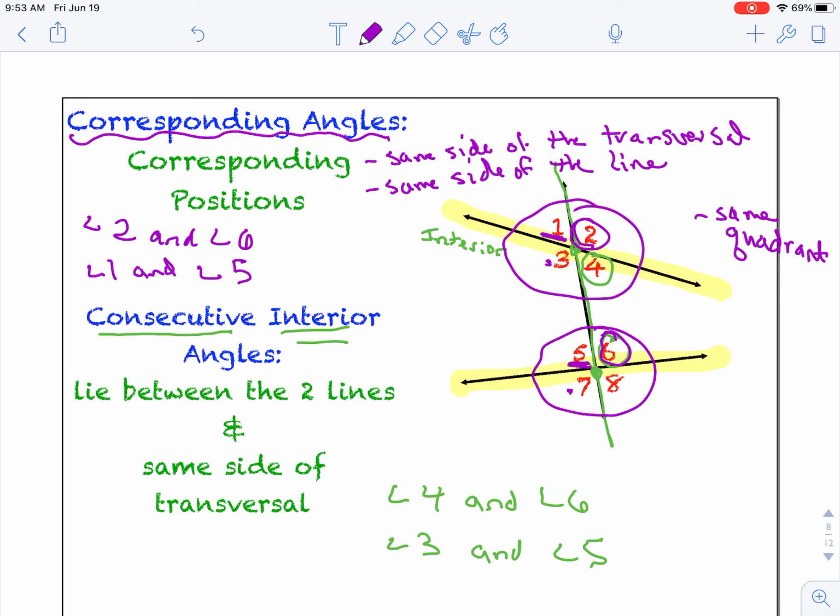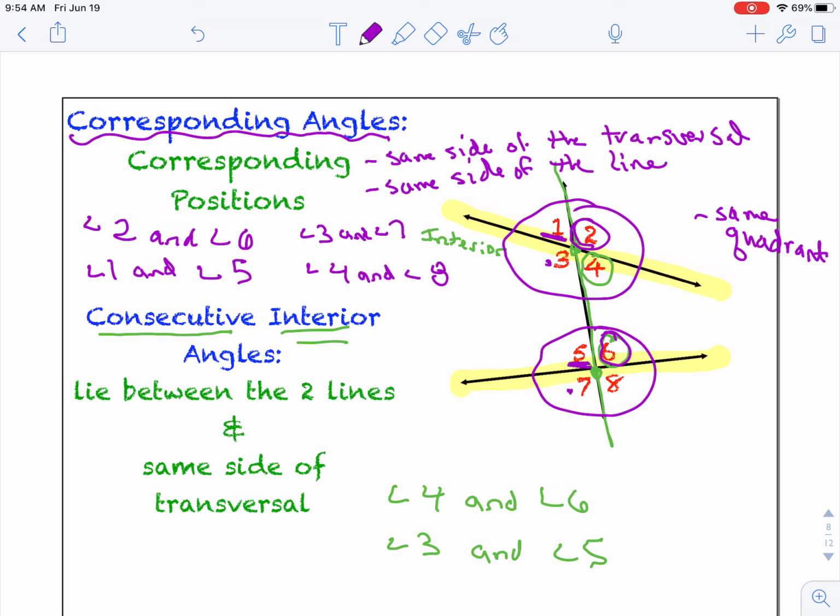If you look at angle 3 right here and angle 7, they're both below the lines and on the left side of the transversal. And the last pair would be angle 4 and angle 8.